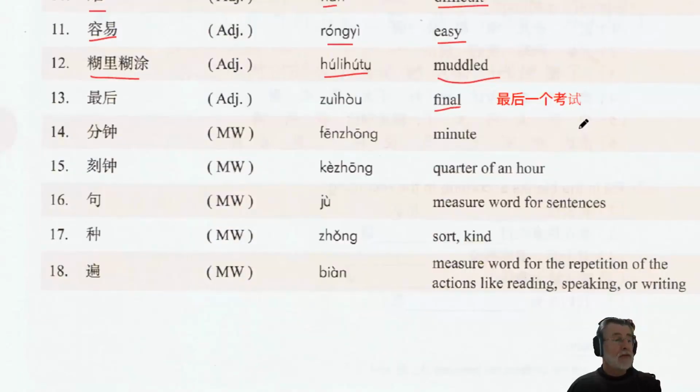We then have this one here, 分钟, meaning minute. So, again, when we're talking about duration of time, how long something goes for, we could say it goes for 10 minutes. So you might say 10分钟.